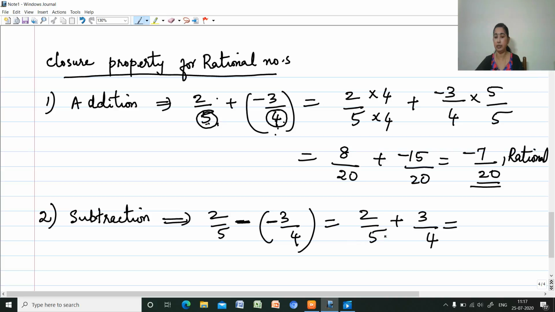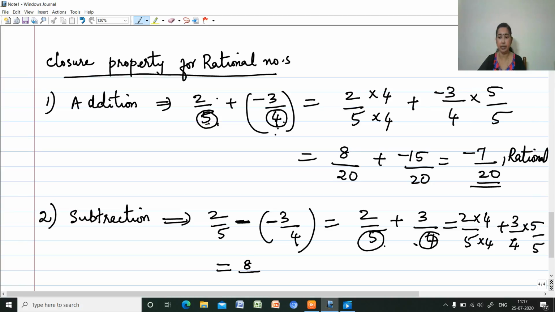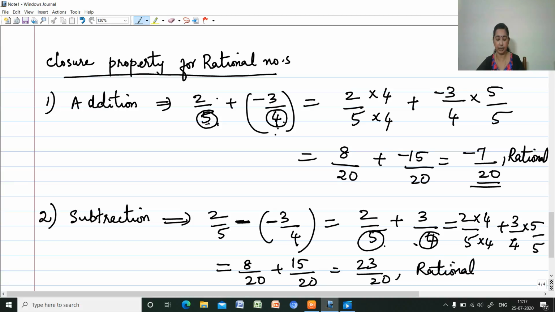In order to make the denominator the same, 5 should be multiplied with 4 and 4 should be multiplied with 5. So 2 by 5 into 4 by 4 plus 3 by 4 into 5 by 5, which is equal to 8 by 20 plus 15 by 20. That is equal to 23 by 20. Again, it is a rational number. So we can say that subtraction of two rational numbers is again a rational number itself.